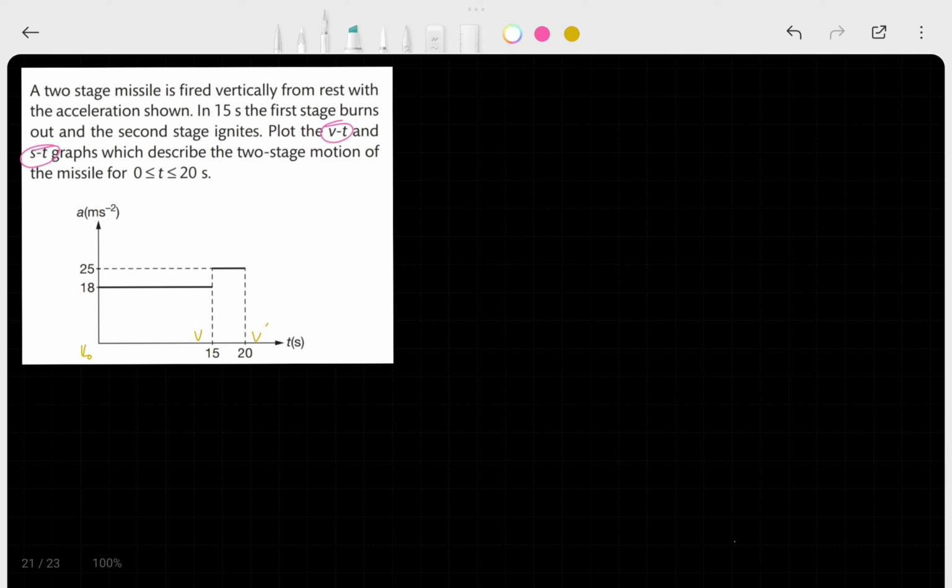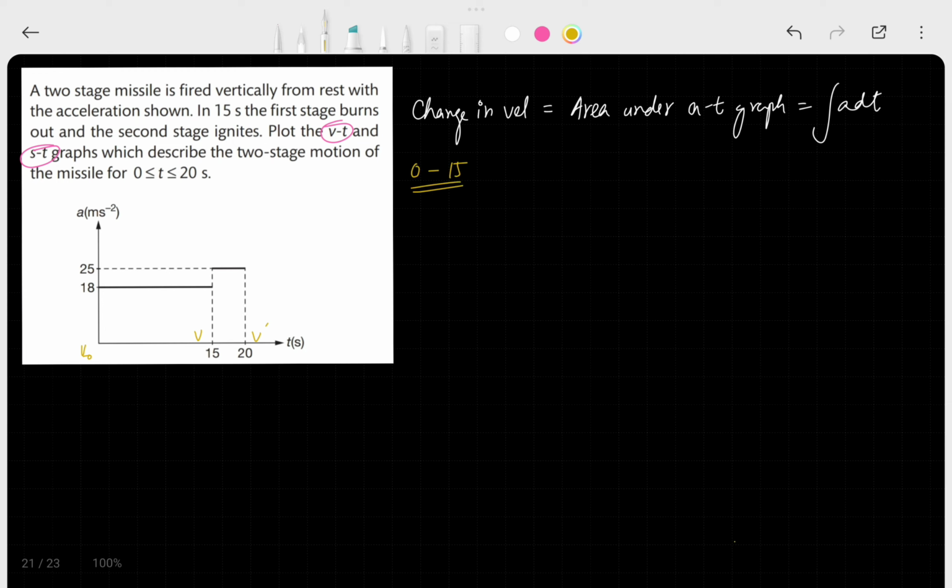Now from the definition we know that change in velocity is nothing but the area under the AT graph, or you can say the integration of a dt. So for the time interval from 0 to 15 seconds, the change in velocity is v minus v0.